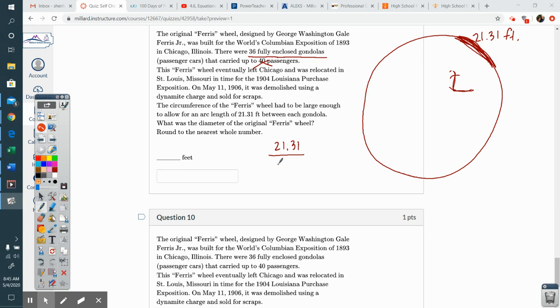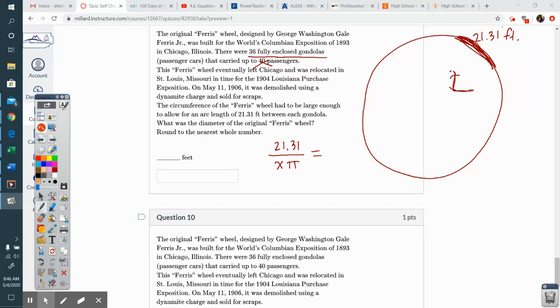So the diameter would be x. We'll call the diameter pi, because the diameter times pi is going to be the whole circumference. So first the arc, that portion of circumference, divided by the whole.